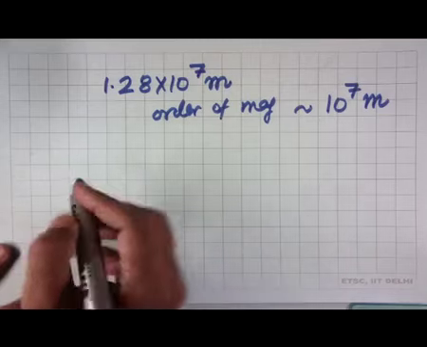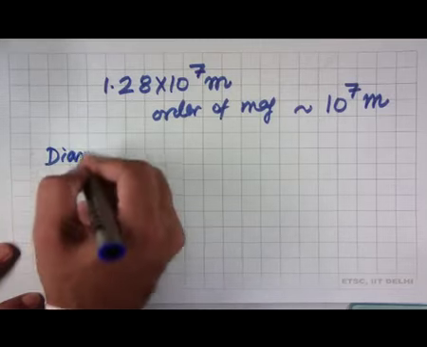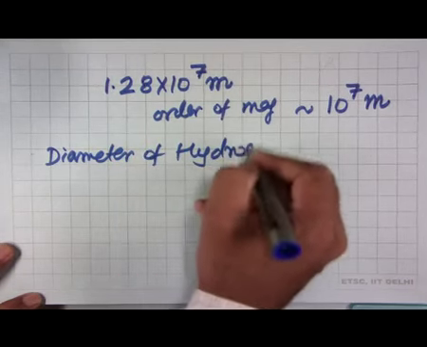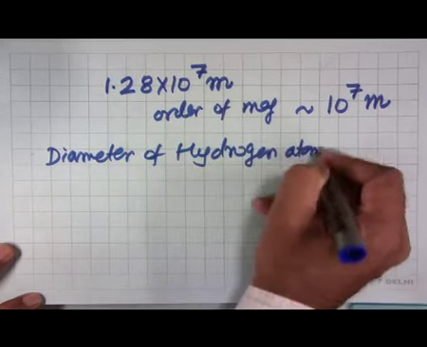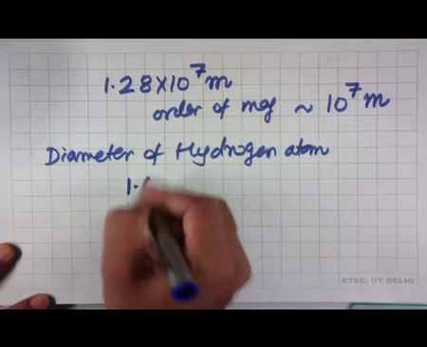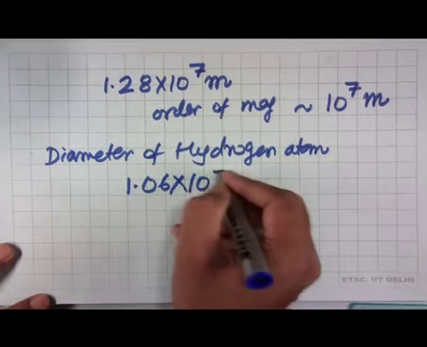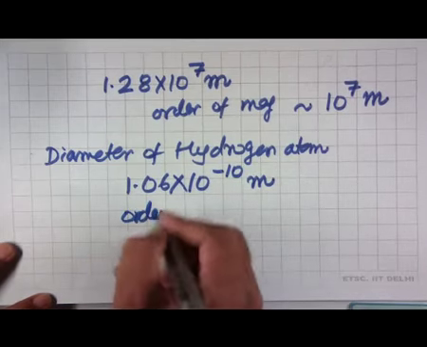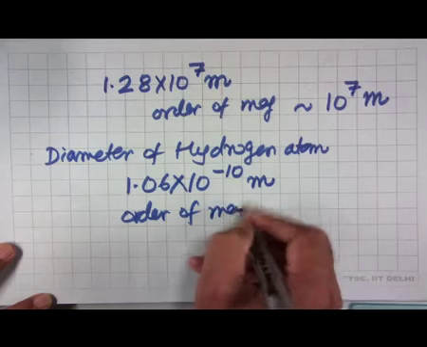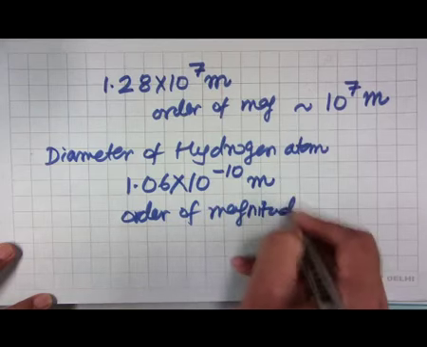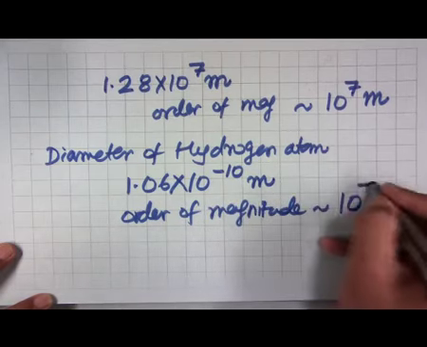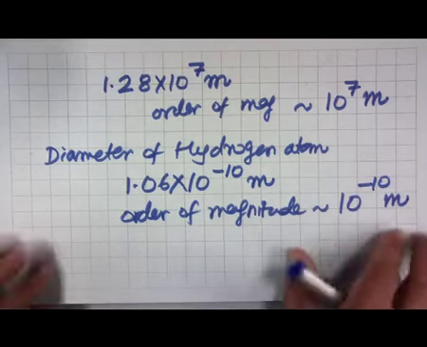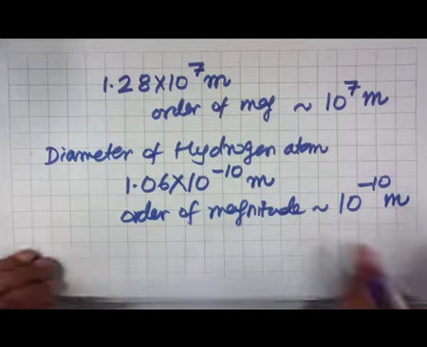And similarly, if I talk of the diameter of hydrogen atom, we observe the diameter of the hydrogen atom is 1.06 into 10 to the power of minus 10 meters, and then we say its order of magnitude is 10 to the power of minus 10 meters. So, this is how we work it out.